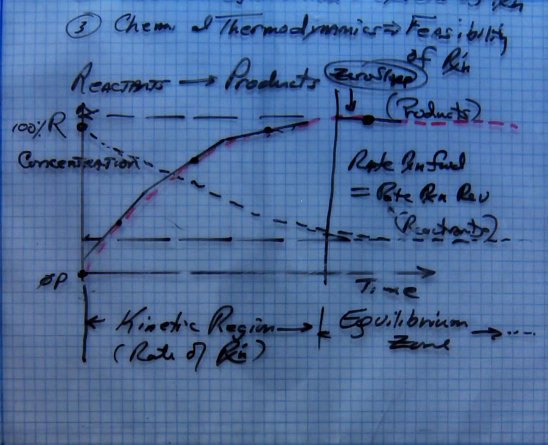Thermodynamics takes both the kinetic end and the equilibrium end and applies those concepts to come up with what we call a free energy concept, which we will explain in great detail when we get there. If the free energy number, when you put all the numbers in, comes out negative, then the reaction is said to be spontaneous, or will go without you doing anything. It's like an electric battery. Those are spontaneous.